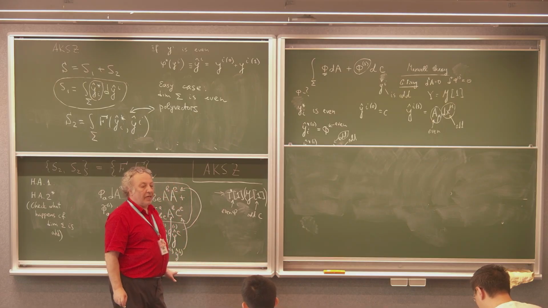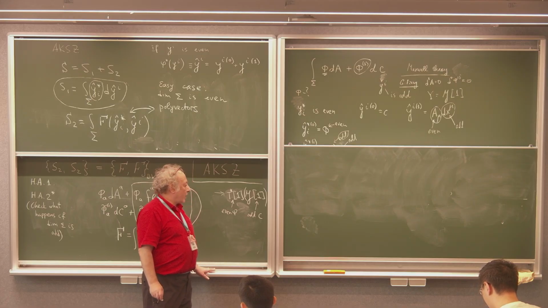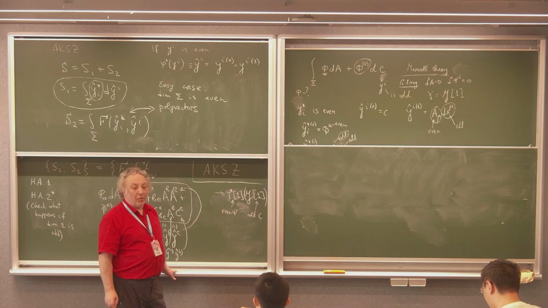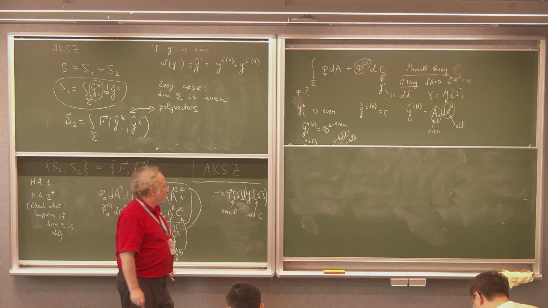But then people came with the following idea. Why are we doing it this way? We can try to do it in the opposite way. So what would be the opposite way?